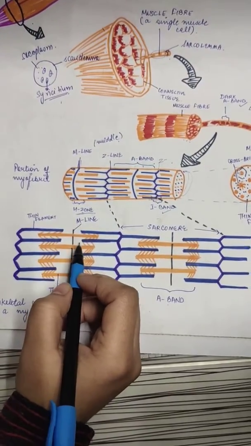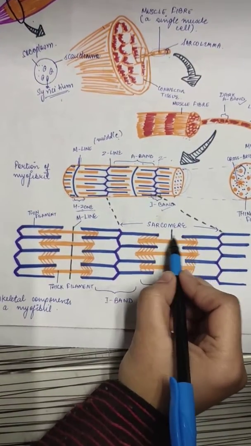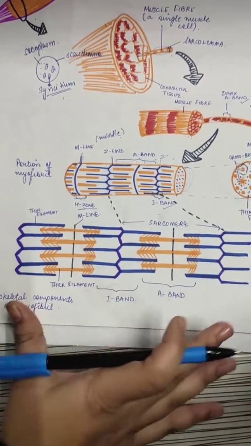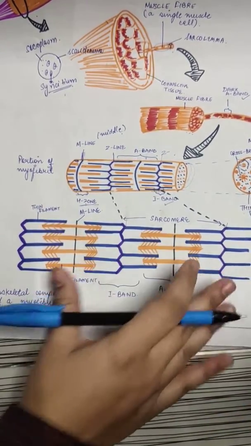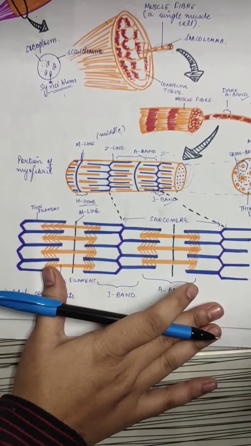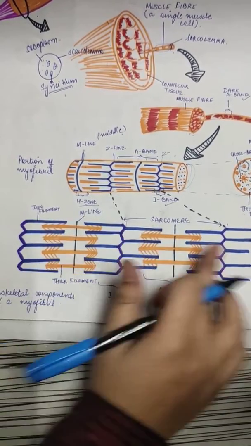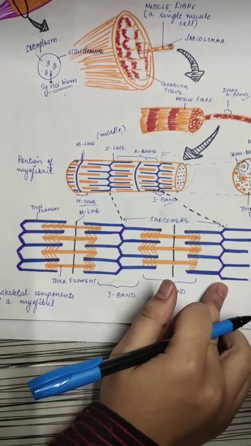Now we will discuss the sarcomere. What is a sarcomere? The part of the myofibril between two successive Z lines is known as a sarcomere.